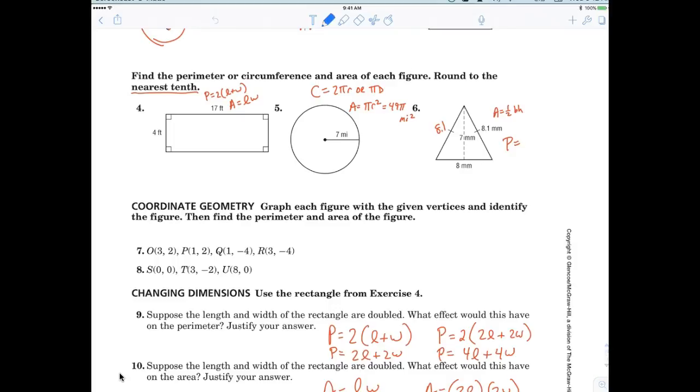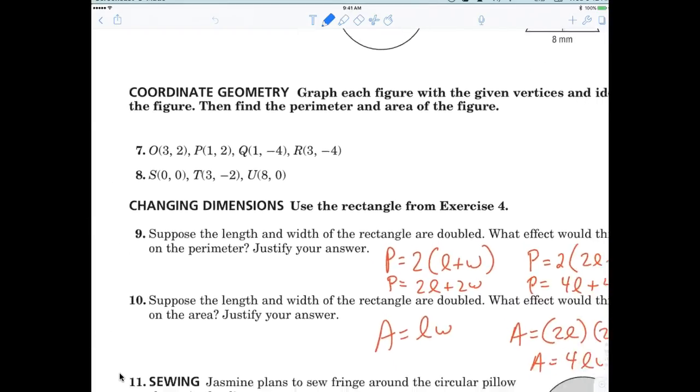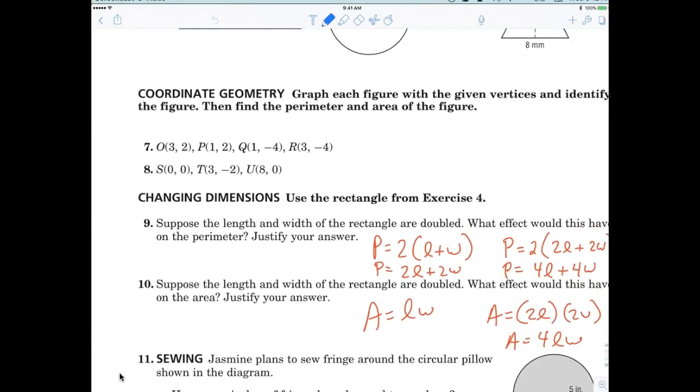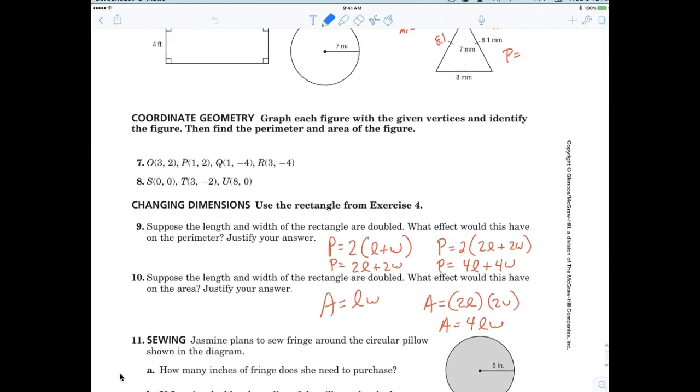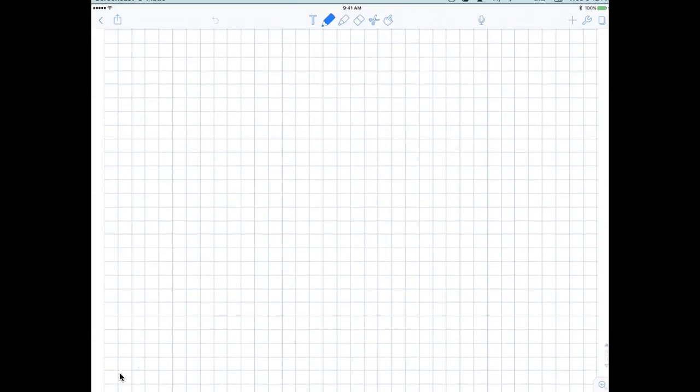This one right here? So identify the figure, then find the perimeter and area. Perimeter would just be finding the distance formula 3 times, but let me come down here real quick.